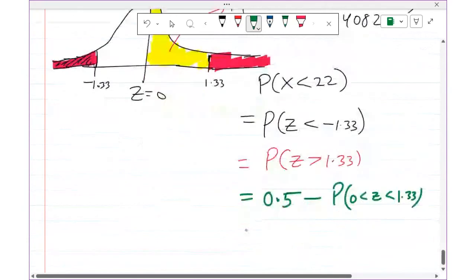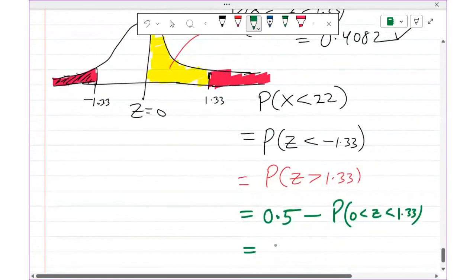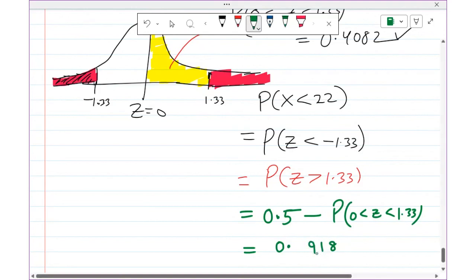So you will get 0.5 minus 0.4082. Now I have to do the subtraction: 0 minus 2, 10 minus 2, 8, 9 minus 8, 1, 9 minus 0, 9, and 4 minus 4, 0.